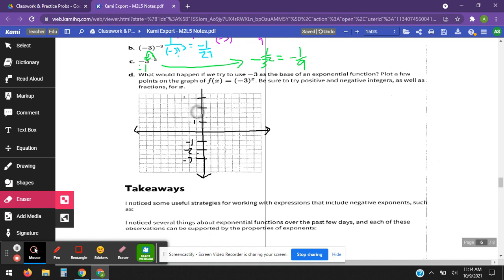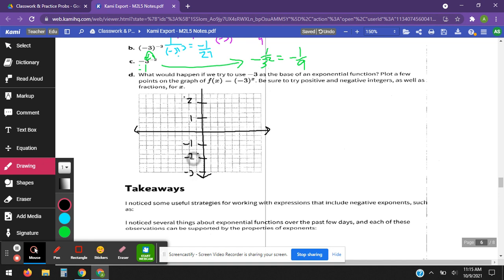I want to do them a little bigger because of the ninths. 1, 2, 3, and negative 1, 2, 3, and then 1, 2, 3, 4 up and down.